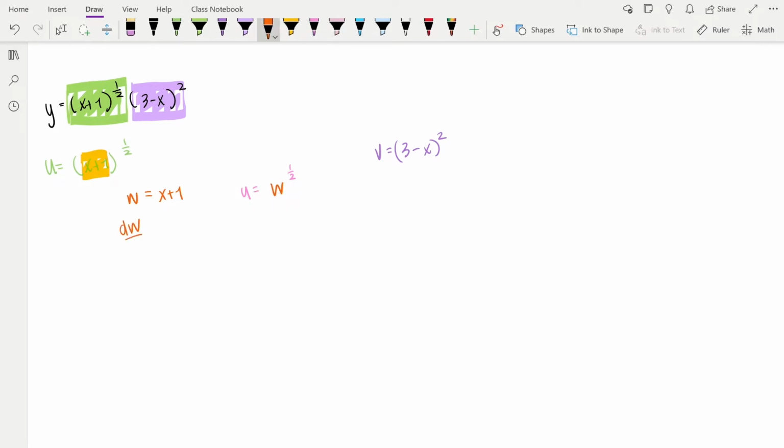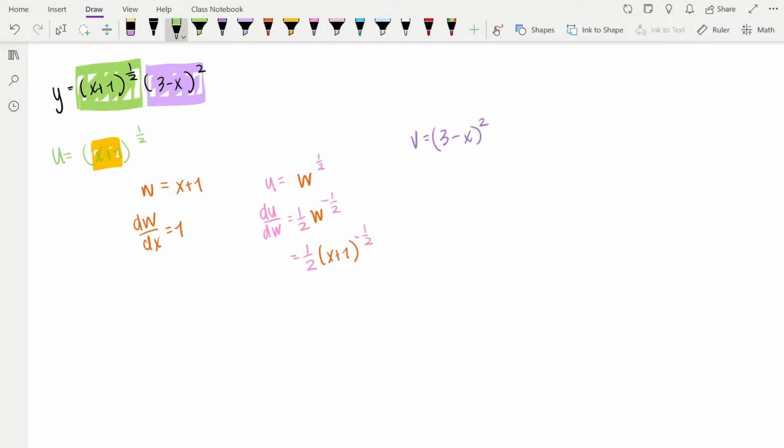We have dw/dx, which is just 1, and du/dw, which is 1/2 w to the negative 1/2, but I'll write it in terms of x. So going back to (x plus 1) to the power negative 1/2.